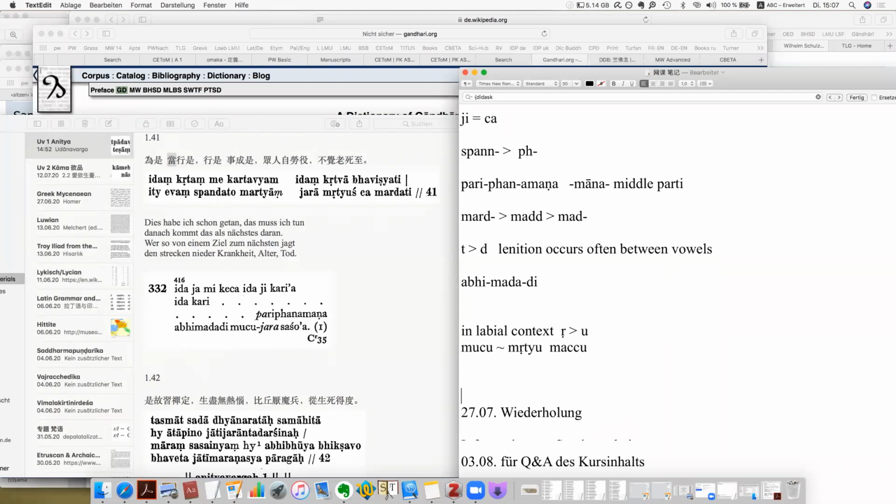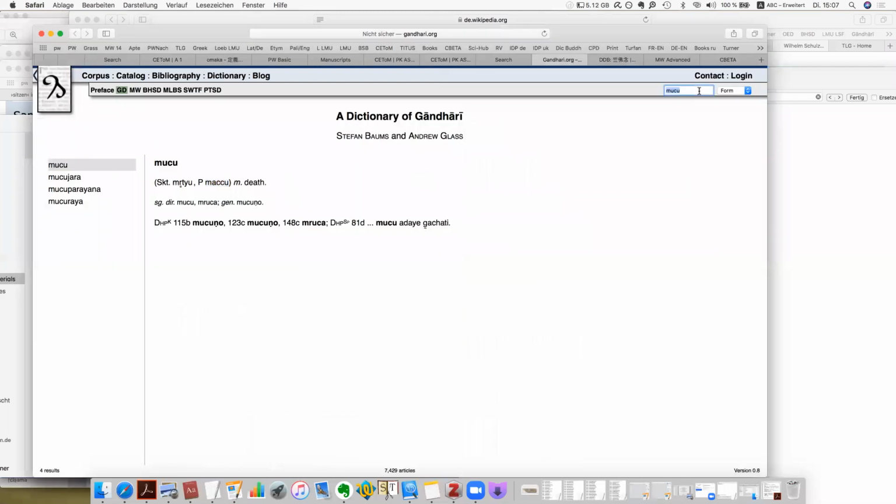So jada is jada, because long vowel is not written. And sa shua, you can also find it in the dictionary if you are not sure. Sa shua is sa shoga, and sa shoga is sa plus shoga, and shoga is ashoka, sorrow.